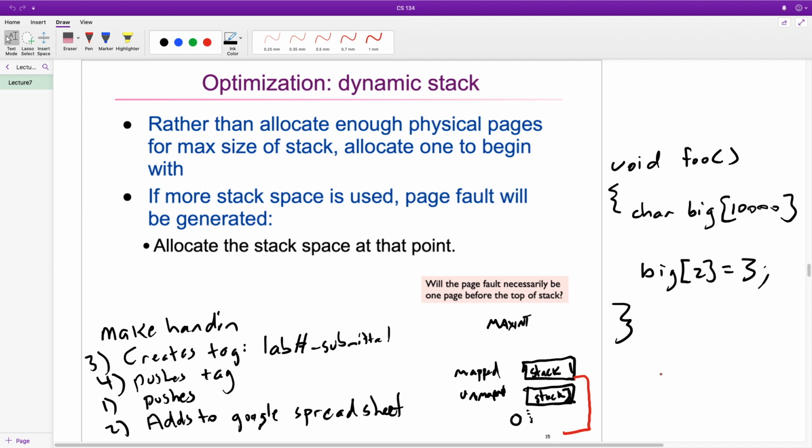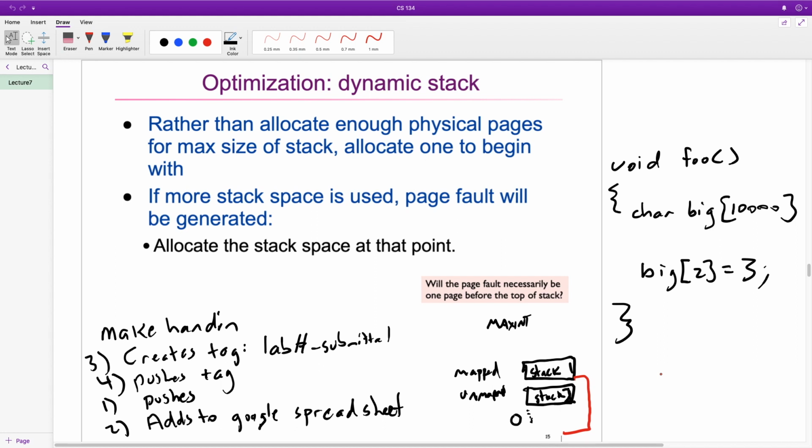So this is going to force us to go to another page. So what should we do, Gavin, in terms of what should we allocate? So let's say we write at big of 2, which is this page here. Probably we want to either allocate just the page that was written to or allocate that and all the pages in between that and the previous. I would agree those are the choices. So either everything in between or one.